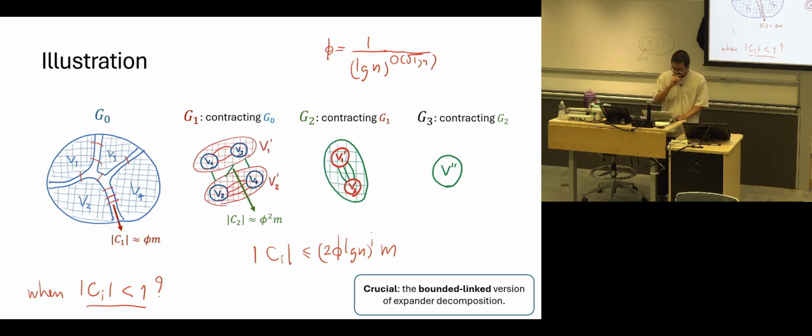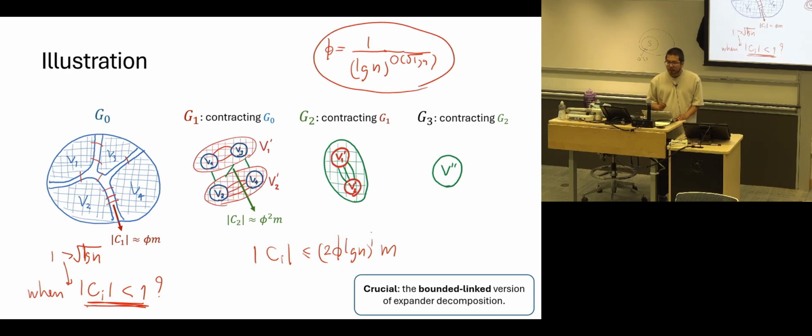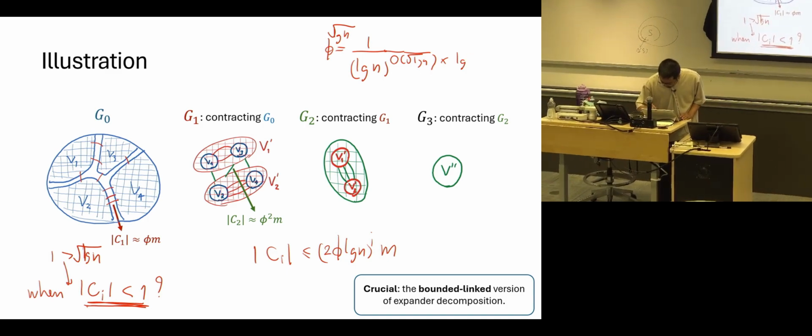So I claim that when i is at least root log n, then this is less than 1. It's kind of just from how we choose phi. Because phi to the root log n, you're going to get times root log n here.